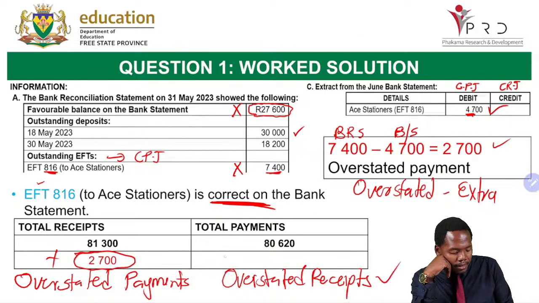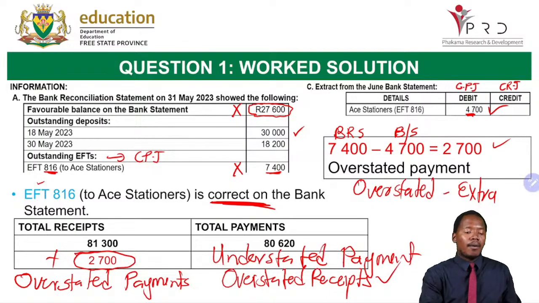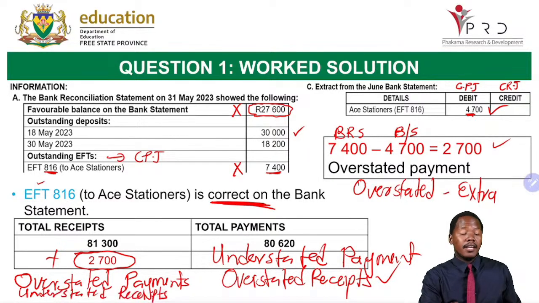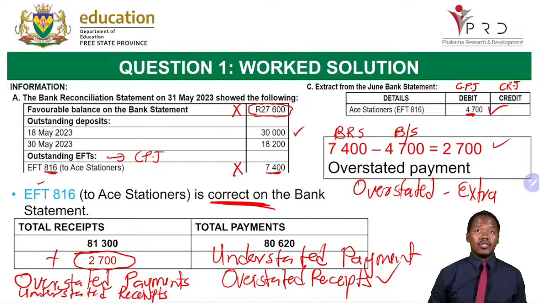Understated payments, let me just write it down. If the payments are understated, we enter them in our CPJ. Understated receipts, we enter them in our total receipt journal.